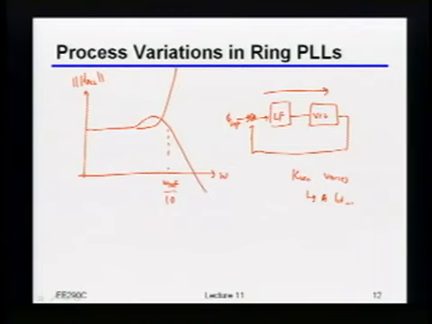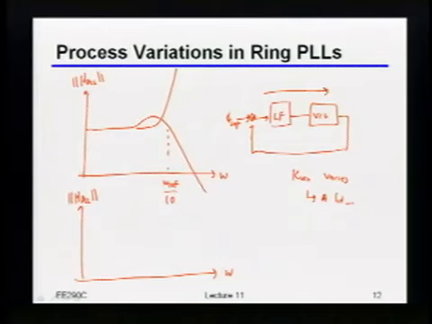Now if you really had to do this design, given that you know that it varies, where do you put that bandwidth? Let's say the KVCO can vary by plus or minus 100%, so a factor of 2 larger or a factor of 2 smaller.